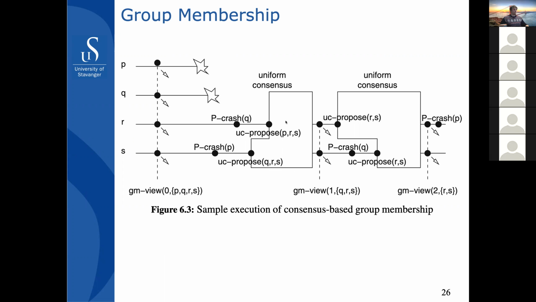And what you have to keep in mind here is that actually in view 1, they reach consensus that Q, R, and S are correct. And you can see that the process R actually goes along to have this as the view, even though it already knows that Q crashed.